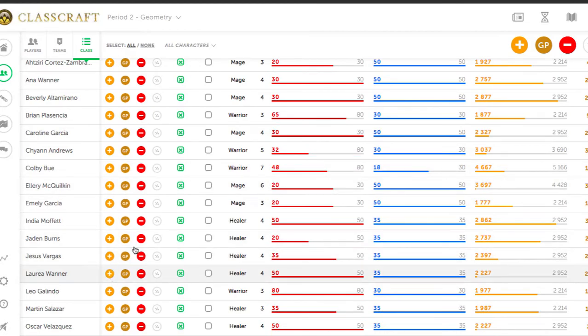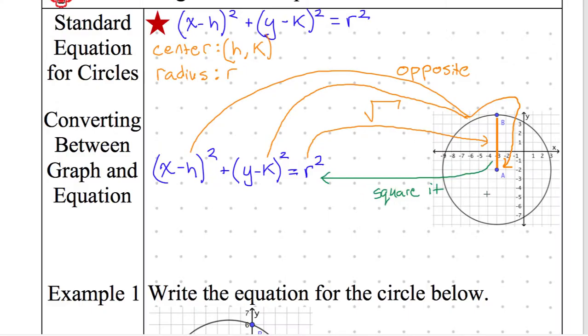So Lorea is in. And then finally, to get from the center back to these 2 points, what do we have to do to those x and y coordinates? Ellery? Take the opposite.